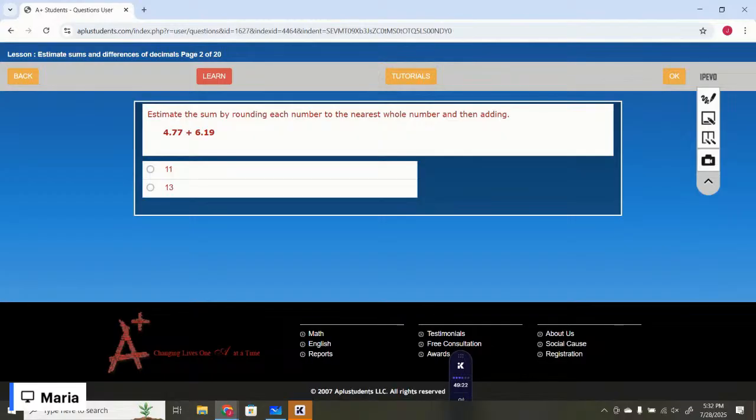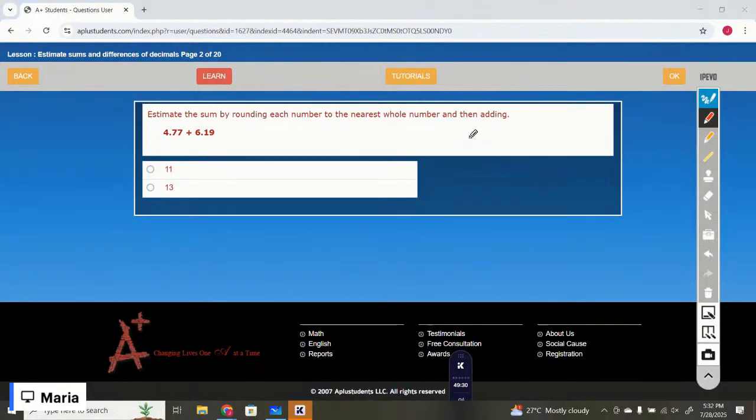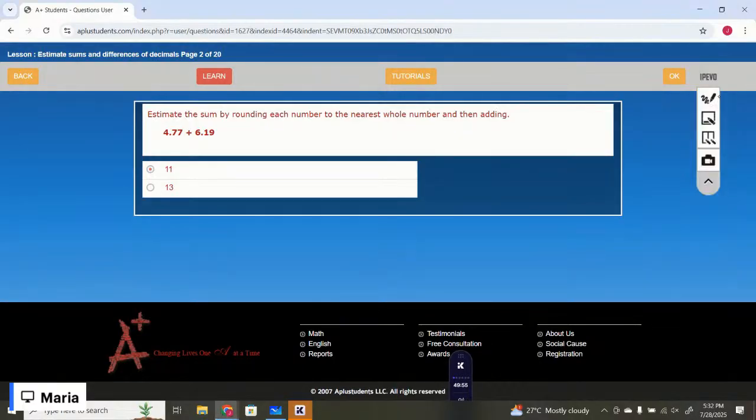Estimate the sum by rounding each number to the nearest whole number and then adding. 4.77 is rounded to 5 and 6.1 is rounded to 6. So 5 plus 6 makes 11. Option number 1 is the correct option.